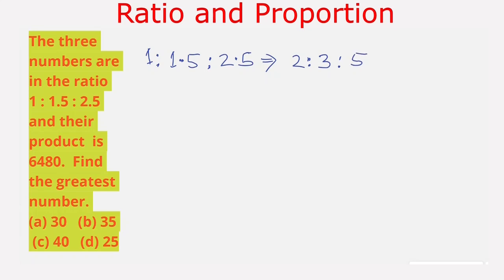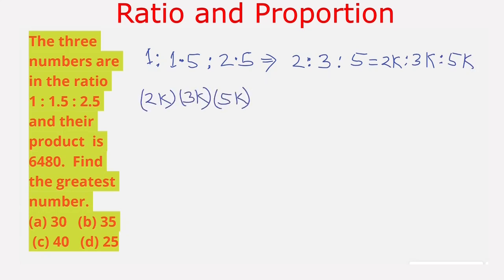We can also write this equal to 2k ratio 3k ratio 5k, and on multiplying the product is 2k multiplied by 3k multiplied by 5k equal to 30k cube, and this is given equal to 6480.